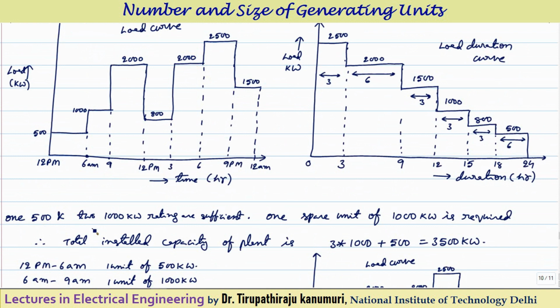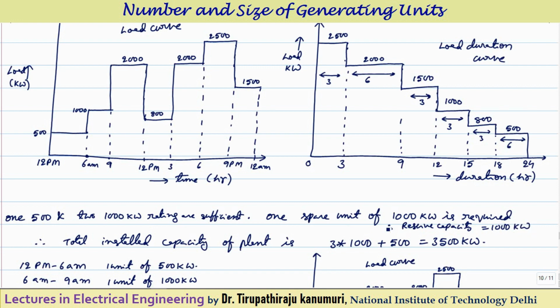That means 1500 and 2000 kilowatt ratings are sufficient and one spare unit of 1000 kilowatt will be required, because the spare unit capacity will be equal to 1000 kilowatt. So we can tell the reserve capacity is equal to 1000 kilowatt.